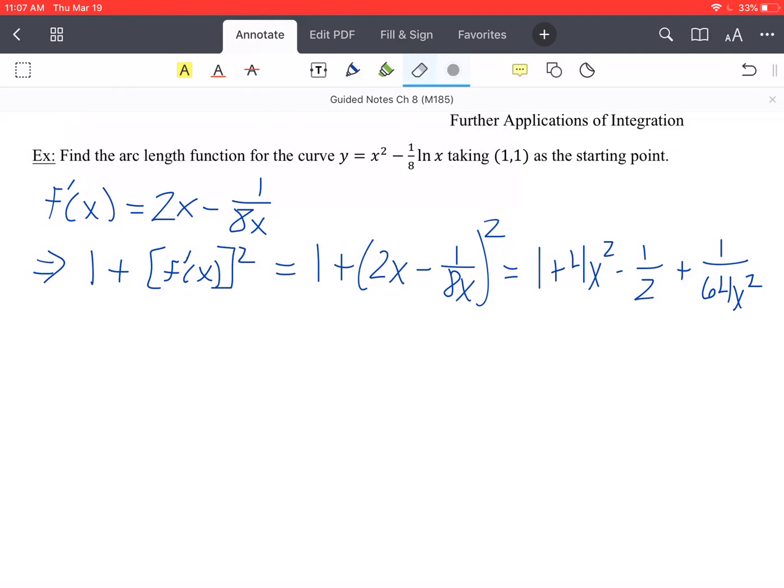Combine the 1 minus 1/2, and that's just going to give you plus 1/2. And that, believe it or not, is actually factorable. So it's similar to the previous one, how it was factorable. This ends up giving us 2x plus 1 over 8x, squared.